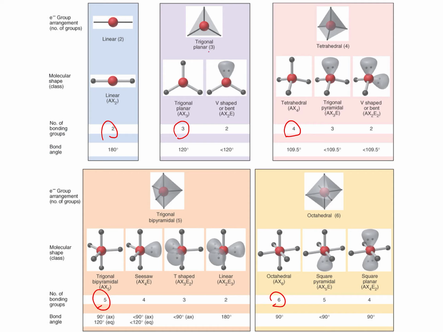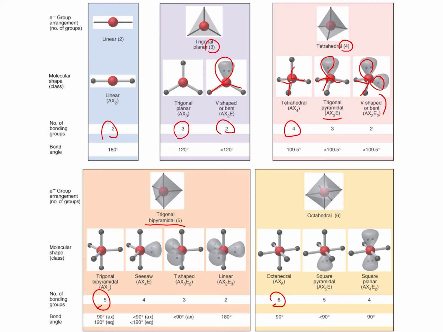But if you've got 3 regions of electron density and 2 of them are bonds and 1 of them is a lone pair, you get this bent shape. I showed you this before. So tetrahedral, you could have all bonds and no lone pairs, or 3 bonds and 1 lone pair, in which case your shape is trigonal pyramidal, or you could have 2 bonds and 2 lone pairs, in which case your shape is angular or bent.